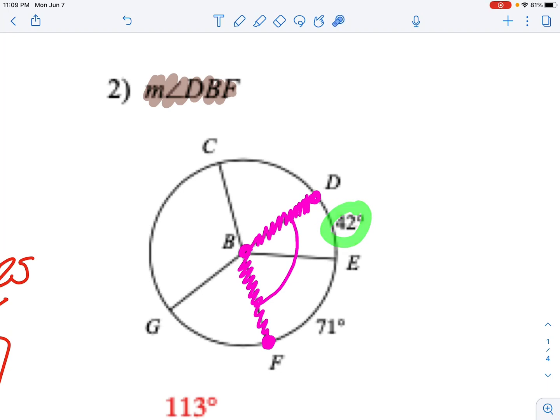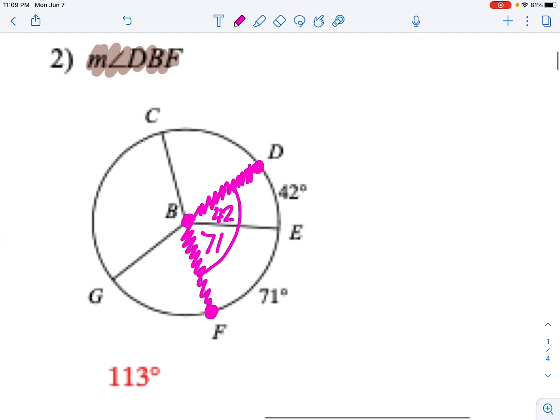Well, fortunately, I remember that the arc is equal to the central angle. So that means this is 42 right here, equal to the central angle, and this is 71 right here, equal to the arc, I'm sorry. Central angle is equal to arc. So these two together create DBF. Look at that. Pretty good, right?